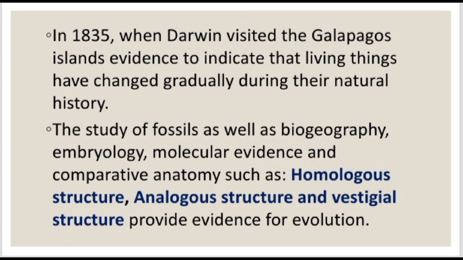The third one or the last one, vestigial structures. This is a body part that no longer has a clear function but shows evidence of past use, like the human appendix or wisdom teeth. So in short, vestigial structures are leftover parts with little or no function.